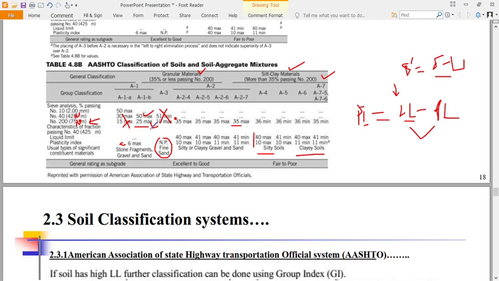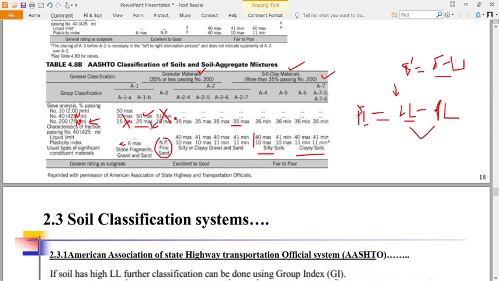Now we come to these other conditions. Here it is 40, the liquid limit maximum, and our liquid limit was 26. Therefore this one qualifies. This one doesn't qualify because it's a minimum. This is maximum, this one also qualifies. So now we have A4 and A6. Then we come to PI.